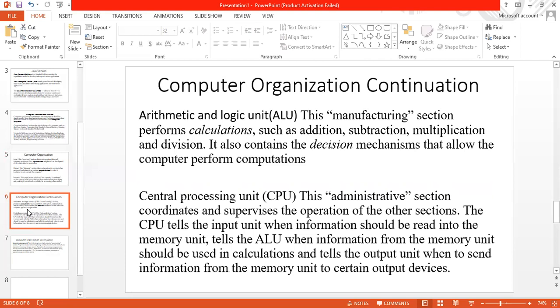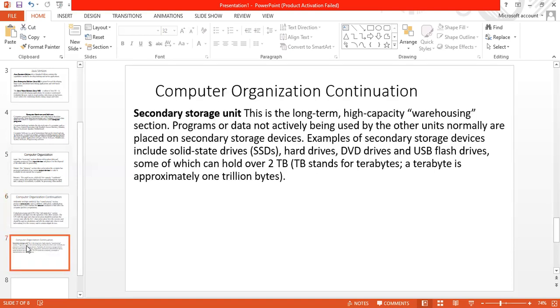So this is where the sequence of processing occurs. After the input, it moves to the memory section where information is retained. From there, it moves to the arithmetic logic unit where our information is processed and then extracted to the outside world. Also, lastly, we talked about the secondary storage unit, which is a high capacity warehouse whereby they can store a whole lot of information.